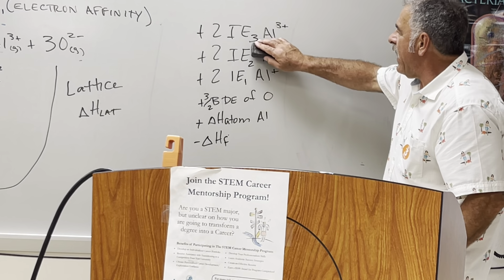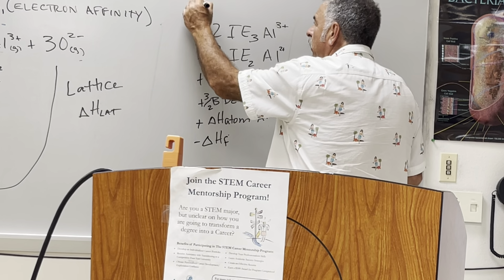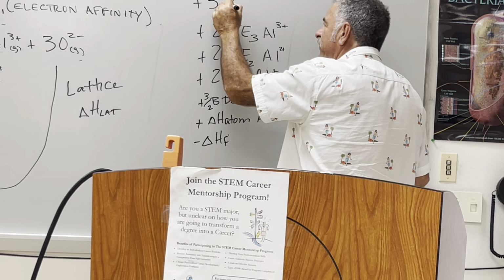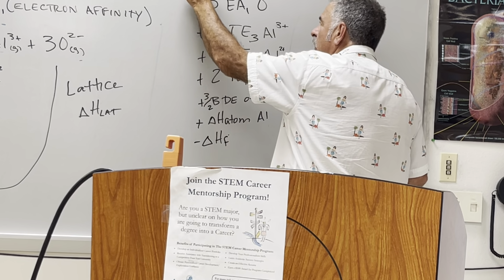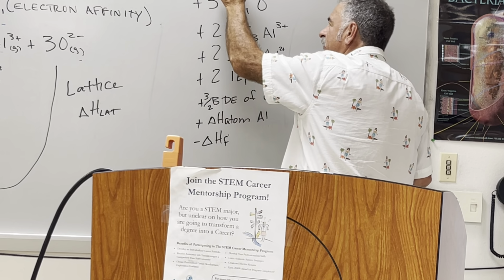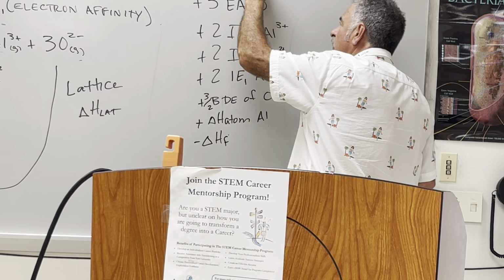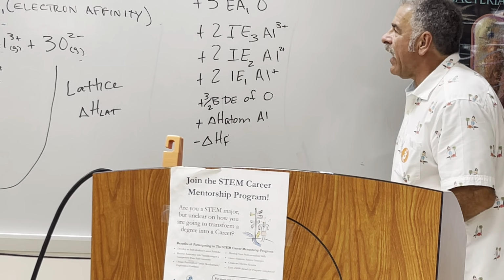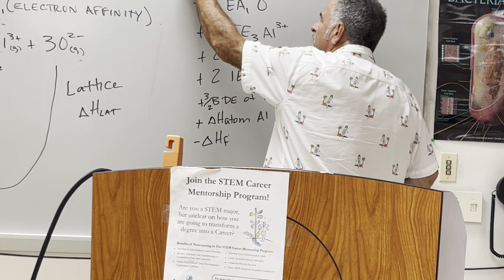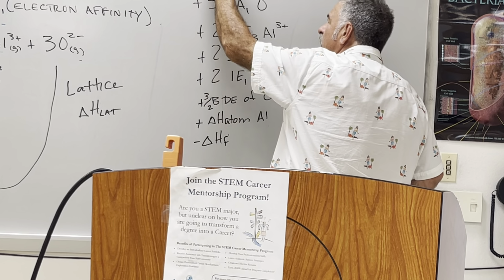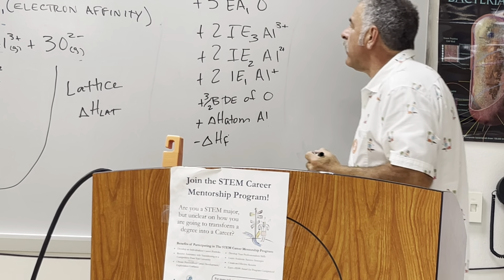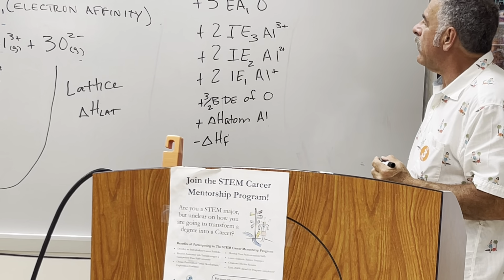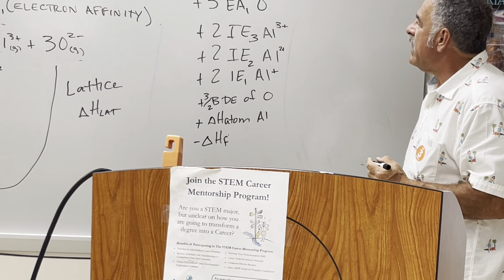All right. And now we're there, and now we're going to do 3 electron affinity 1s for oxygen. Then we're going to do 3 electron affinity 2s for oxygen. And then lattice energy. For electron affinity 1, is that plus minus 3? Yeah, it would be.